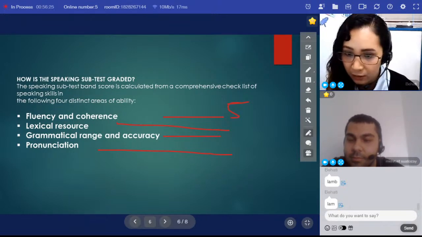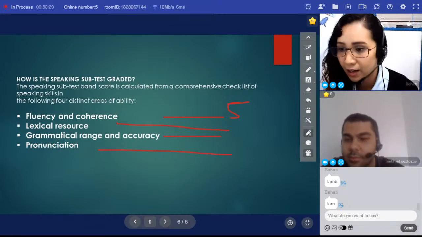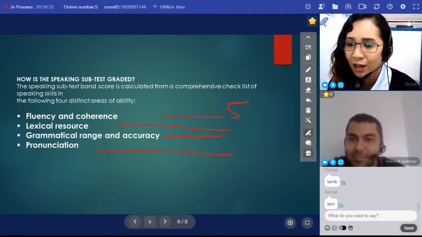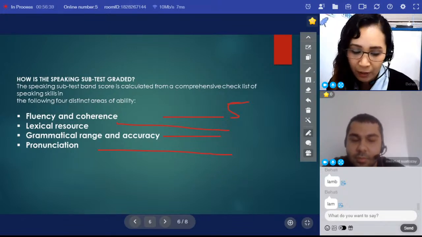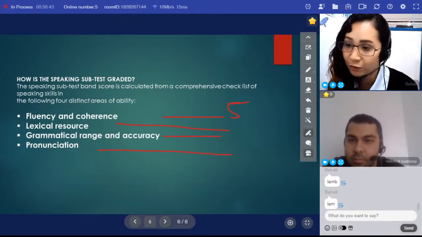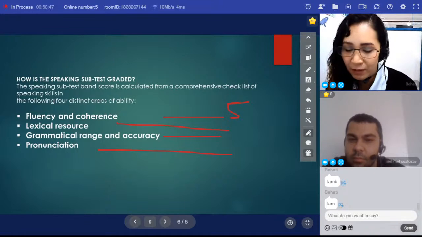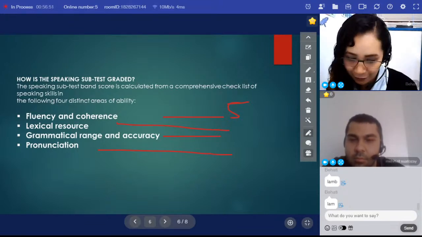This is because you speak at length. You try to give examples. You try to lengthen your answers. However, you don't really use a range of cohesive devices, and I'd want you to improve on that. So I'm giving you space to grow. For now, I'm going to give you a 5.